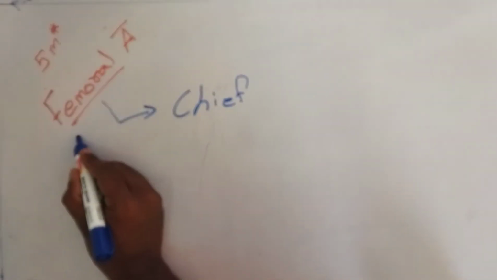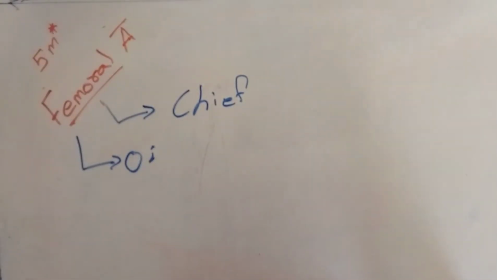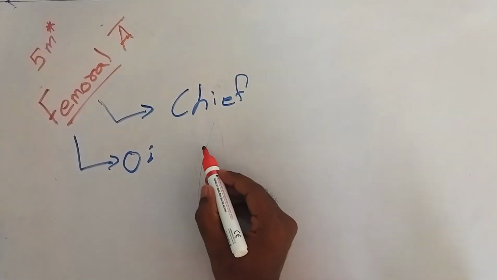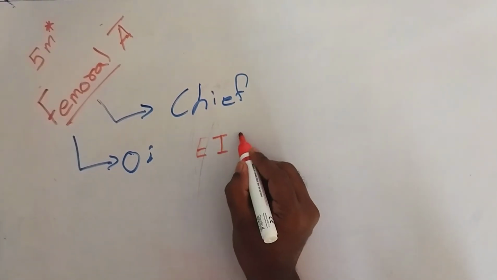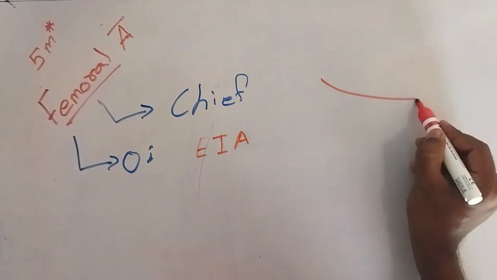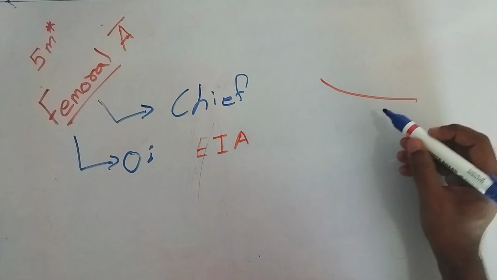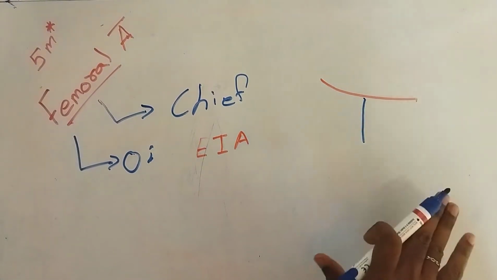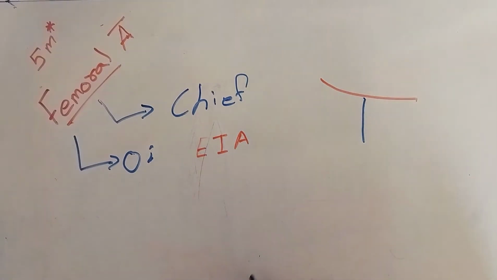Coming to the origin of this artery, it is the continuation of the external iliac artery, and it begins behind the inguinal ligament at the mid-inguinal point, at the base of the femoral triangle.